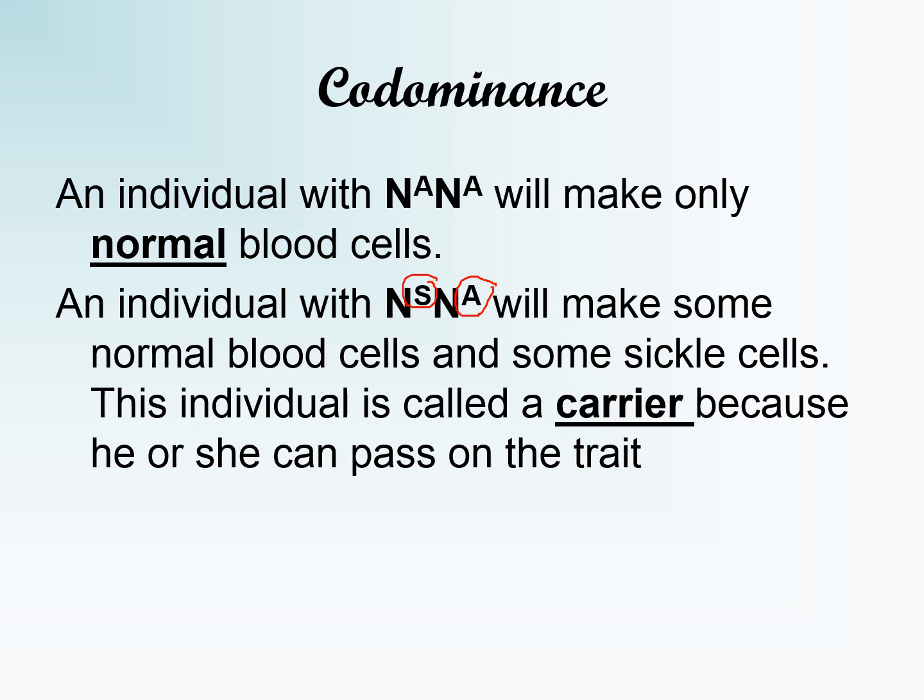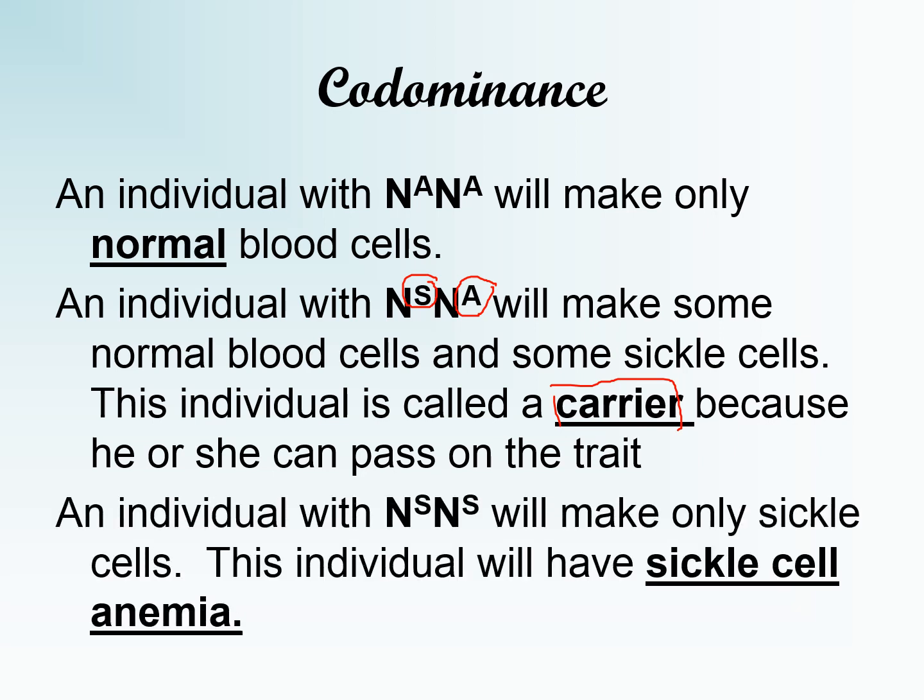But we're going to say that they are the carrier for that sickle cell allele, because they can pass on that trait. And then an individual that presents with two big S's will only make sickle cell shaped blood cells, and they will be the individual who has sickle cell disease, also known as sickle cell anemia.